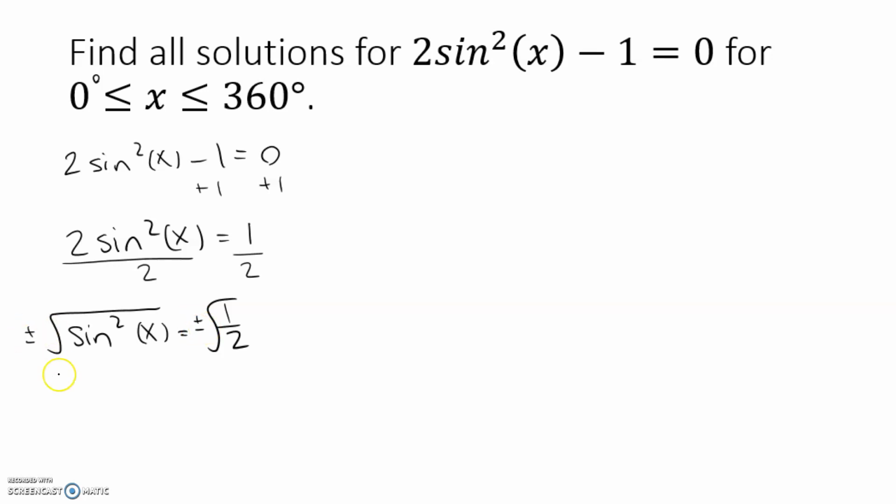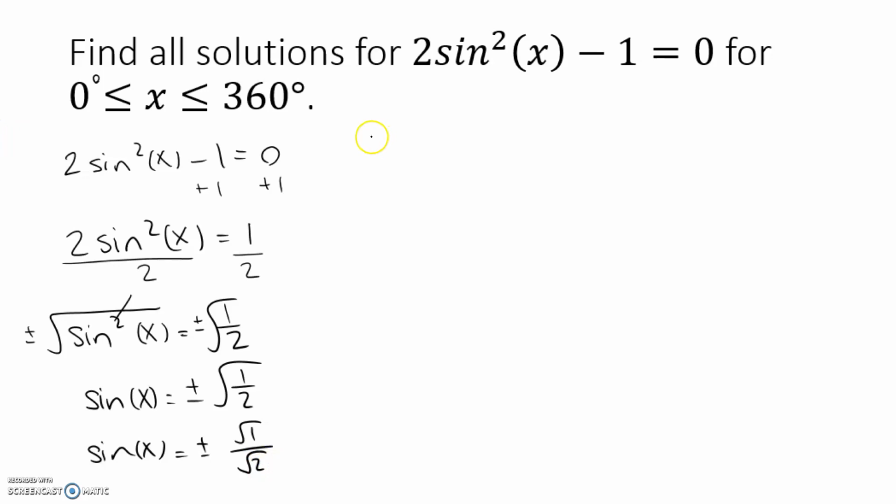It doesn't matter if I put it here, because the 2 and the square root will cancel each other out, and I'm left with sine of x is equal to plus or minus the square root of 1/2, which we can break apart. So plus or minus the square root of 1 over the square root of 2, which would be plus or minus 1 over the square root of 2.